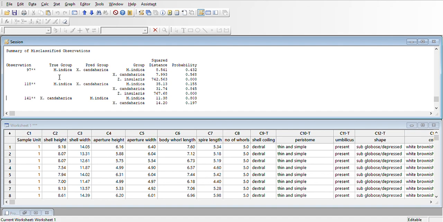Similarly, 118 has been identified as Macroclamis indica, but it should be identified as Xeropicta candaharica. However, observation 141 has been misidentified as Xeropicta candaharica, and it should be Macroclamis indica.